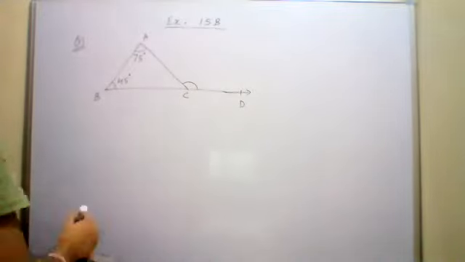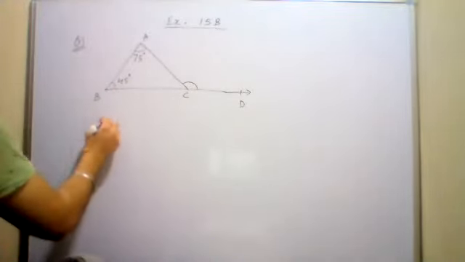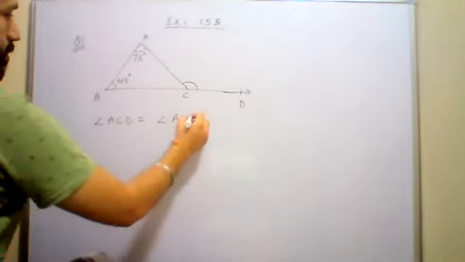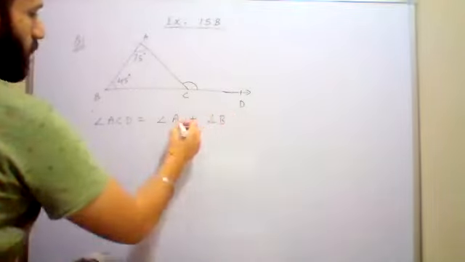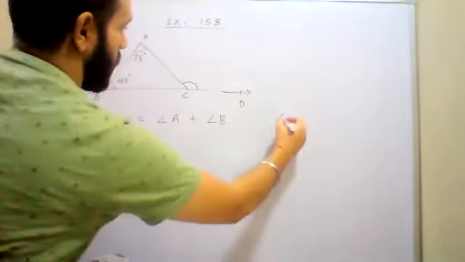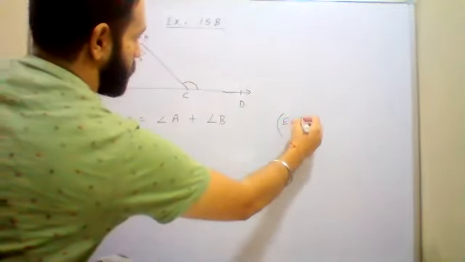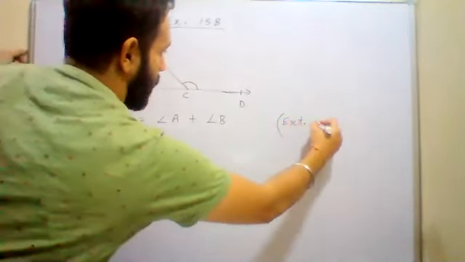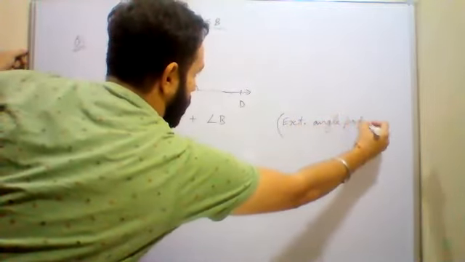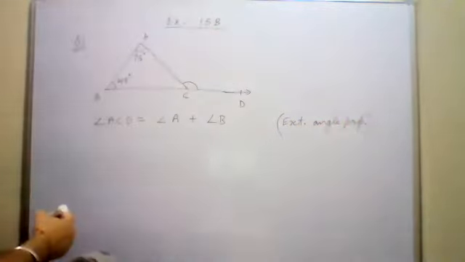This is an exterior angle. So how will you do it? We know that angle ACD is equal to angle A plus angle B. Angle A and angle B are opposite interior angles. So mention the property also. Which property are we using here? Exterior angle property.